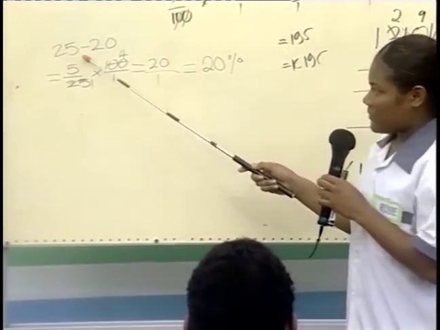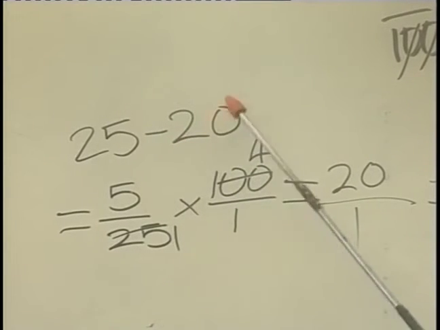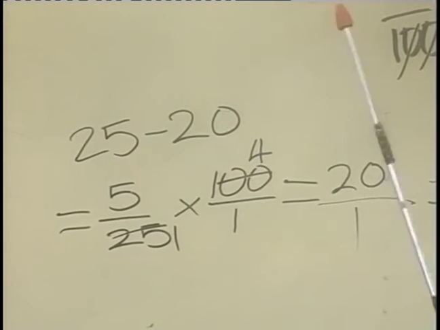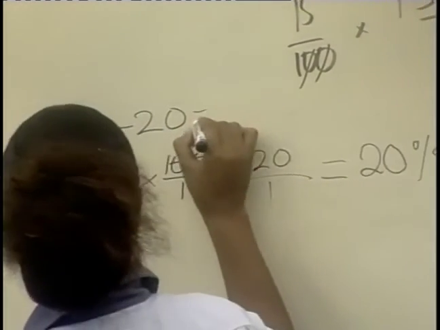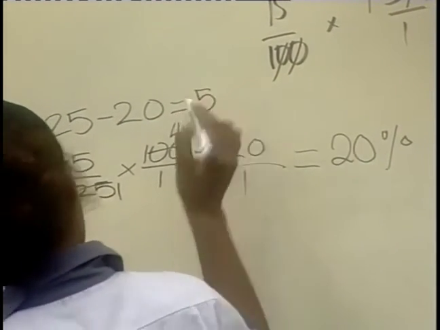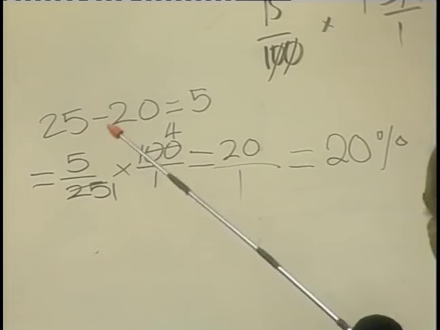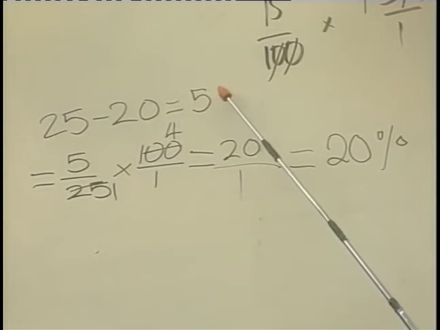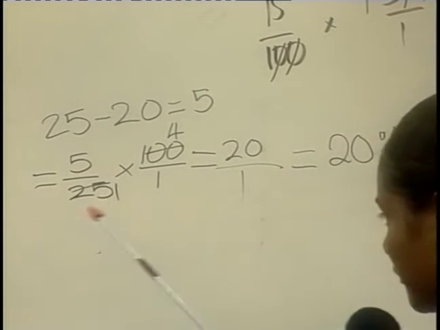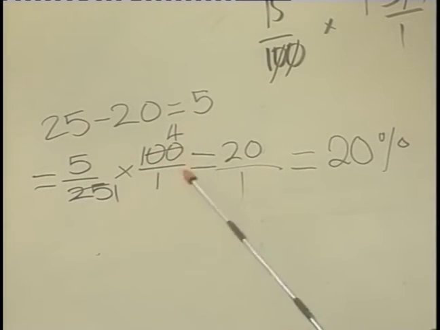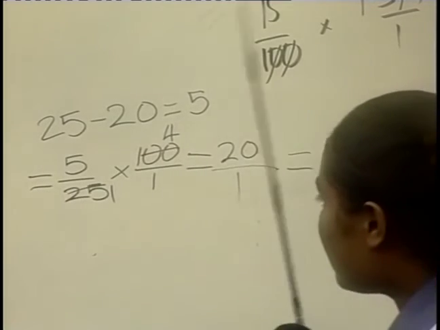First, we've got the mark price there, and you minus with the selling price, you get 5. Okay, 5 over 25, you multiply by 100 over 1, because the percentage is always over 100.